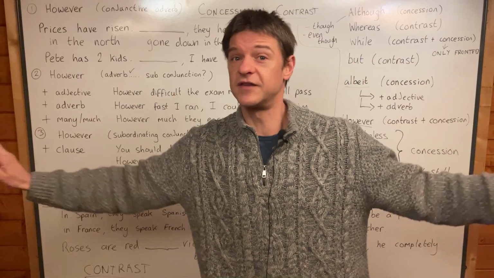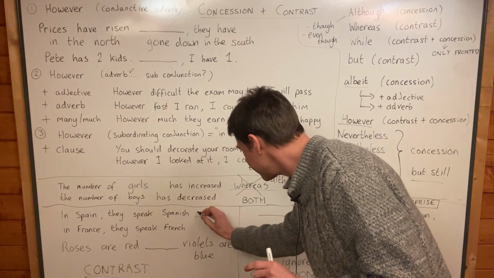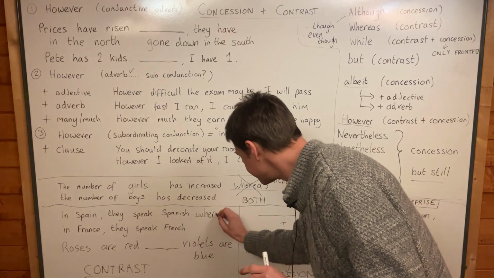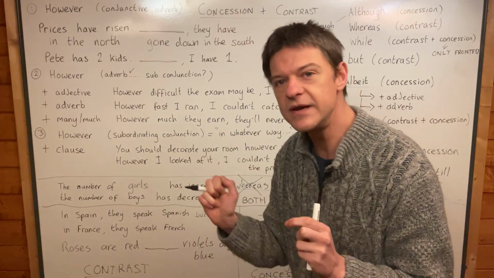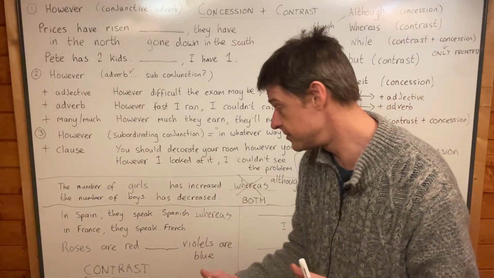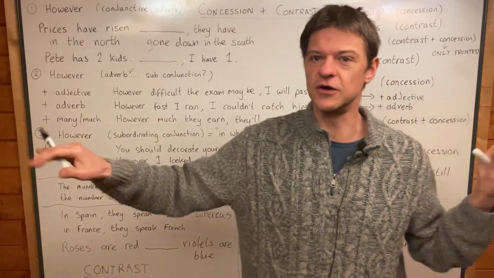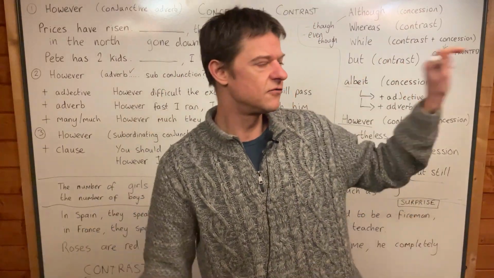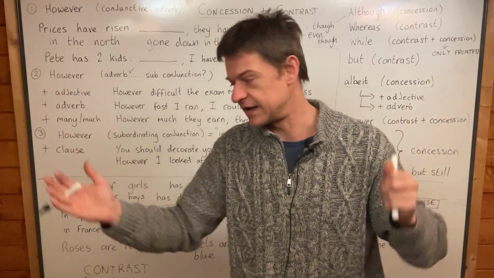We are contrasting those two facts, and so the only word that will work here is whereas. Yeah, I mean, there are other words that will work, but whereas is only for contrast, or usually only for contrast. Let's say usually. And so here we are contrasting Spanish in Spain, French in France.